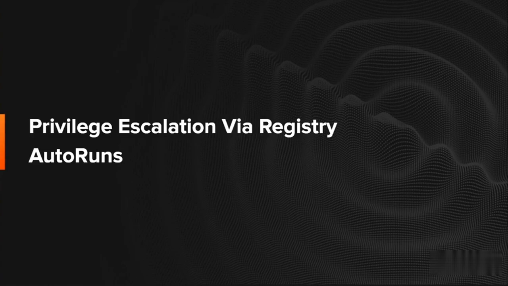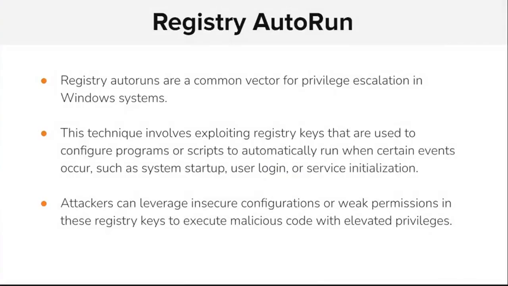primarily comes into play when we're dealing with autoruns specifically and their link or functionality in relation to the Windows registry. So before we actually get started with anything practical, we need to get an understanding of what a registry autorun is in Windows.